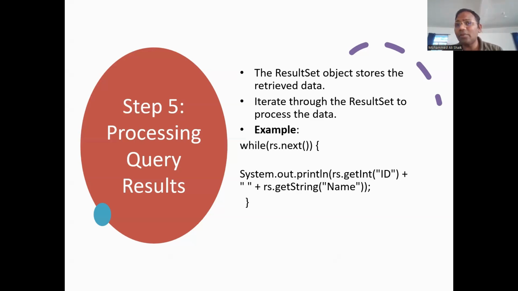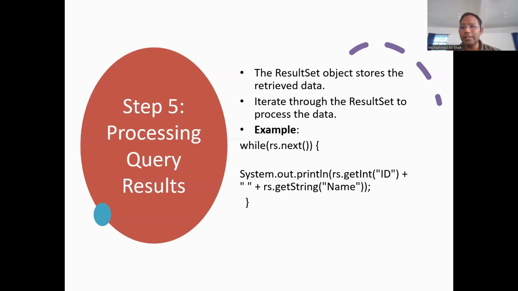If not, we write getString or getFloat based on the data type of that particular cell in the database. If you don't know, you can simply write rs.getString. If you know it is an integer value, write rs.getInt. If you know it is a float, write rs.getFloat and so on. So this is how we process the results.